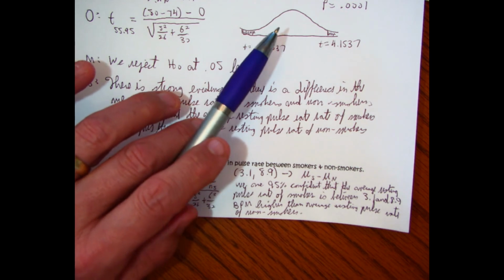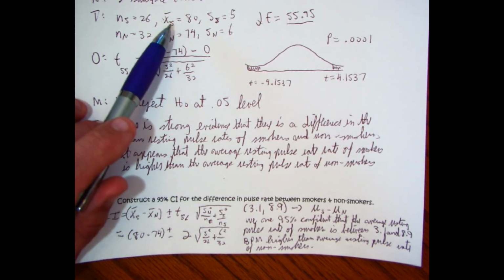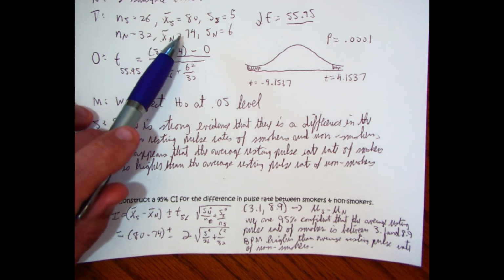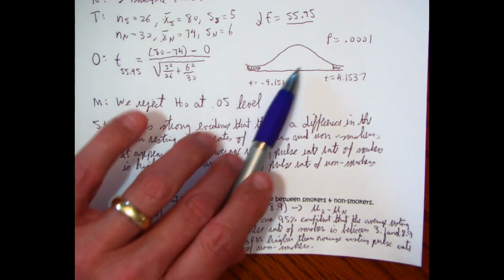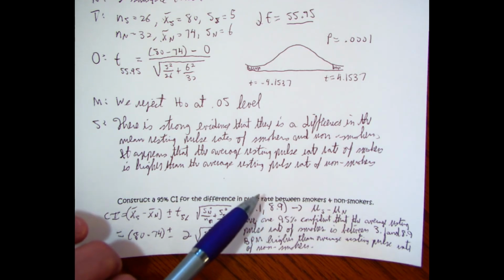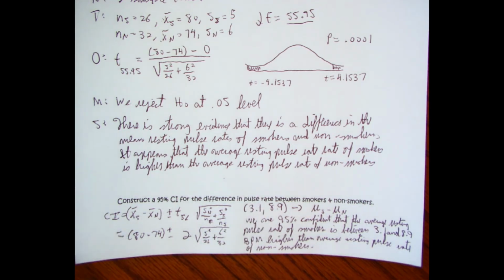We didn't test to see if one was higher or the other, but we also look at our statistics and we say, oh, okay, well, smokers tend to have an average resting pulse rate that's higher than non-smokers. So we know there's a difference, and this is basically what we've captured based on our statistics of what that difference is. Okay.